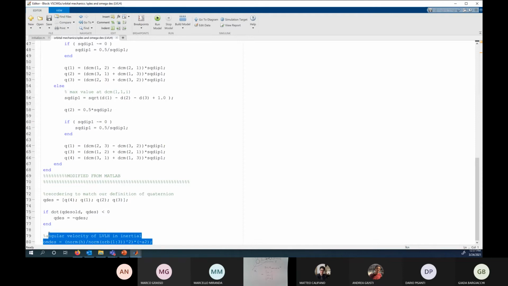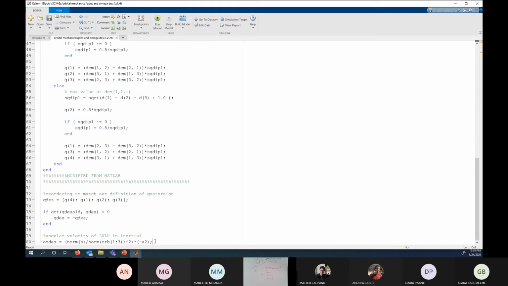And the desired angular velocity. So if I want my spacecraft to move as LVLH, well, the desired angular velocity is quite easily the angular velocity of the orbit. Do we agree with that? It's nothing more than the angular velocity of the orbit.